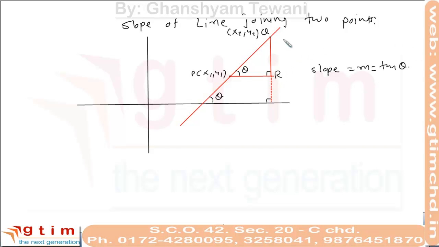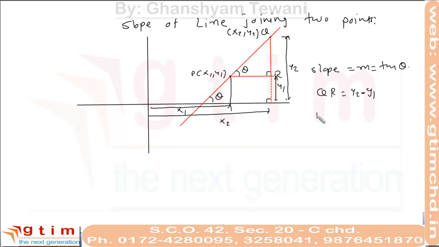Now, what is this height? This height is y2 and this height is y1. So QR is equal to y2 minus y1. Further, this width is x2 and this width is x1.